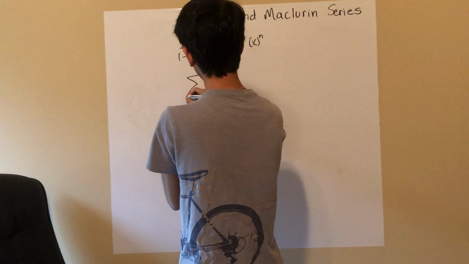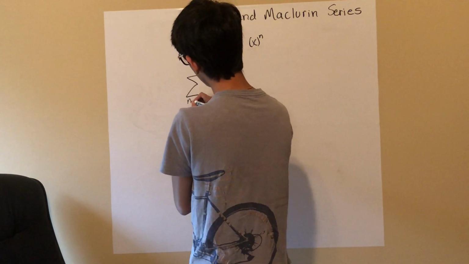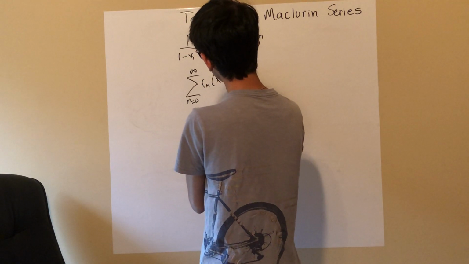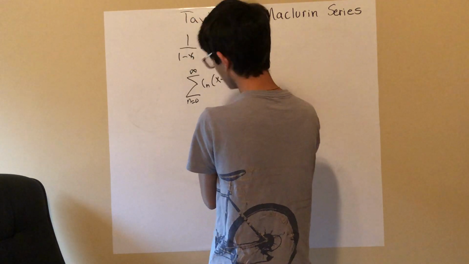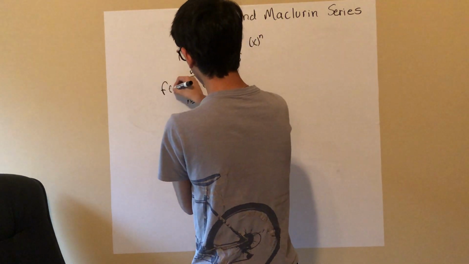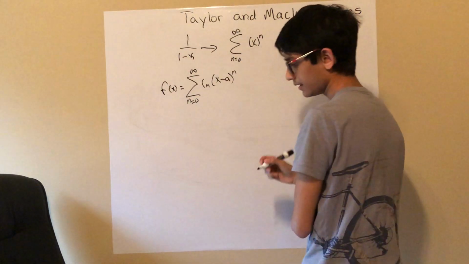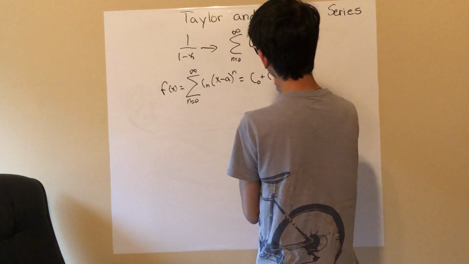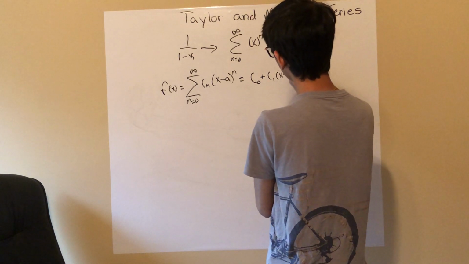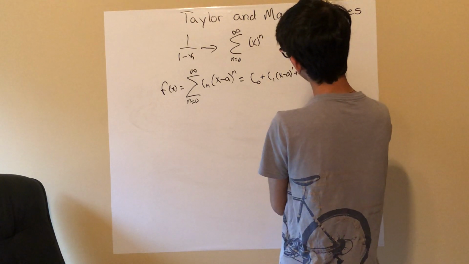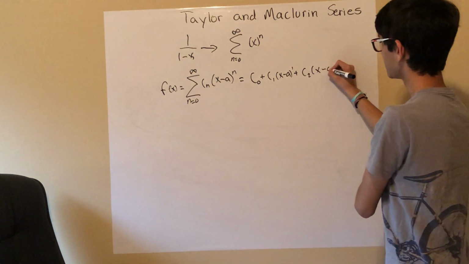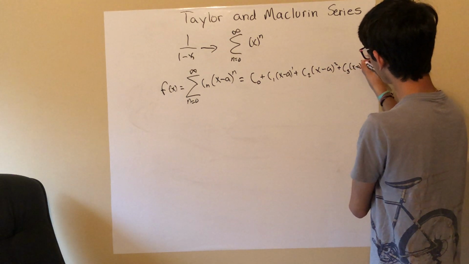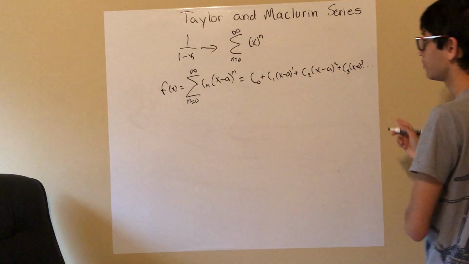the sum from n equals 0 to infinity, if f of x equals this, then this value right here equals c0 plus c1 times x minus a to the first plus c2 times x minus a squared plus c3 times x minus a cubed, and so on, right?